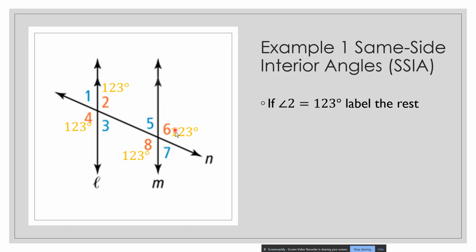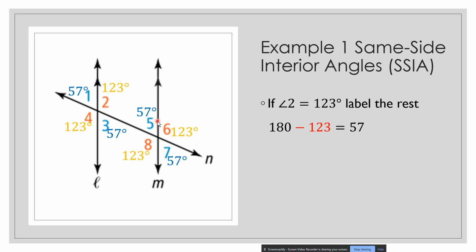Or we can say, hey, this and this are matched by corresponding angles. This maps down to here via vertical angle theorem, and that maps up to their corresponding angles. So if we subtract 123 from 180, we get 57, and that will just simply fill in the rest.